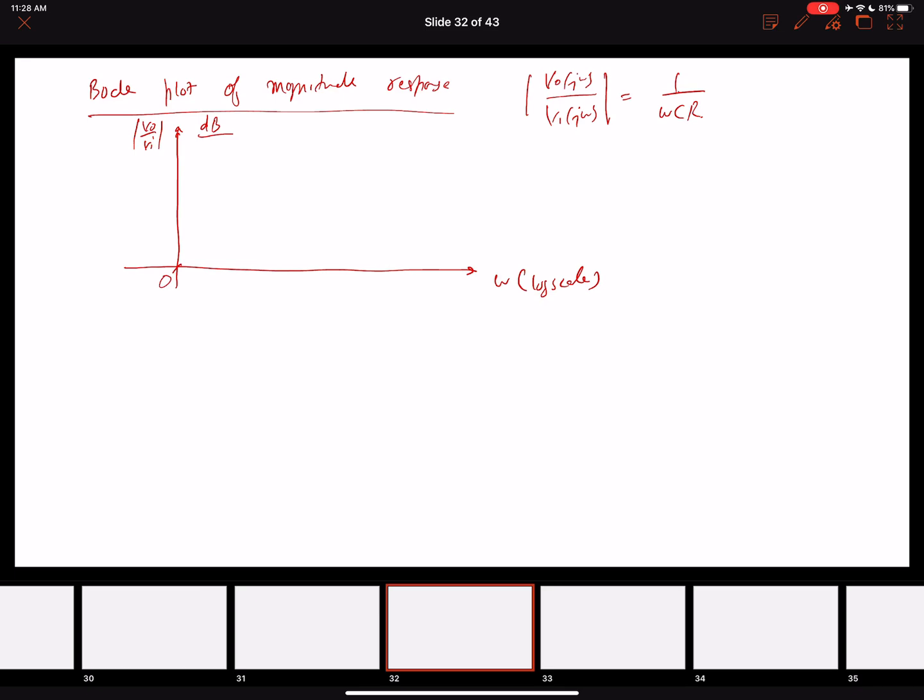All right. So what will happen at omega equals 0? When our omega is going to be 0, our magnitude response will become infinite, right? So our magnitude response will become infinitely large, and we are going to talk about this in a little bit more detail again.